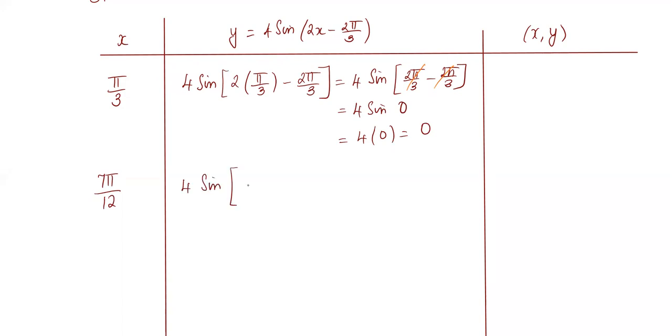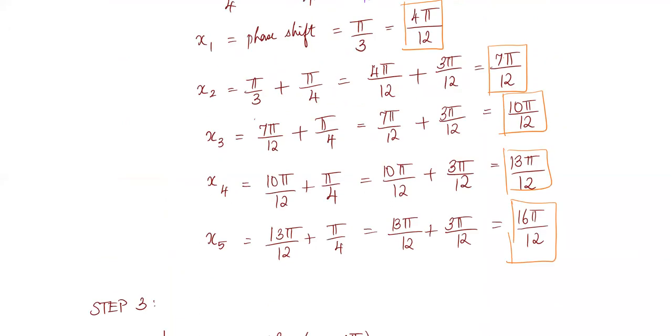4 sine (2 times 7 pi over 12 minus 2 pi over 3). There's always this 2 there because it's part of the given function. And each time, if you go back to your x's, each of them has the denominator 12.